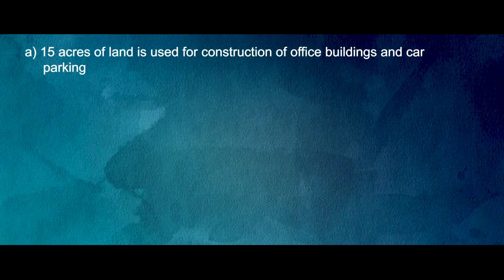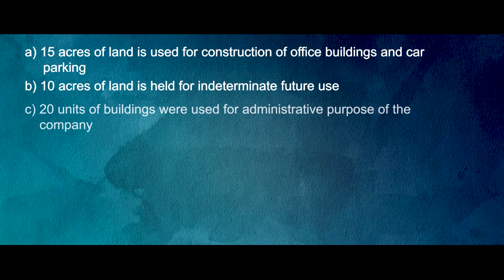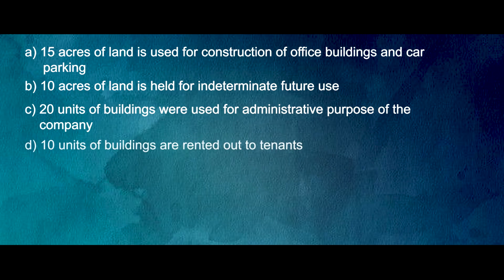First asset: 15 acres of land is used for construction of an office building and car parking. Second: 10 acres of land is held for indeterminate future use. Third: 20 units of buildings were used for administrative purposes of the company. Fourth: 10 units of buildings are rented out to tenants.